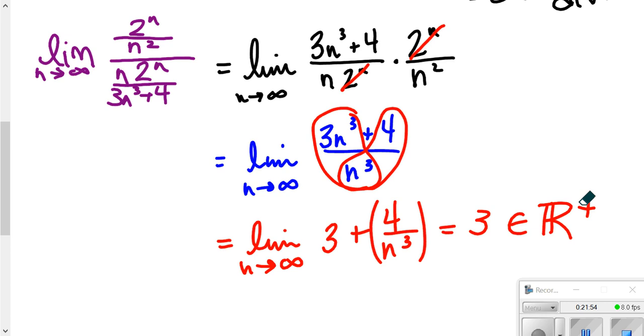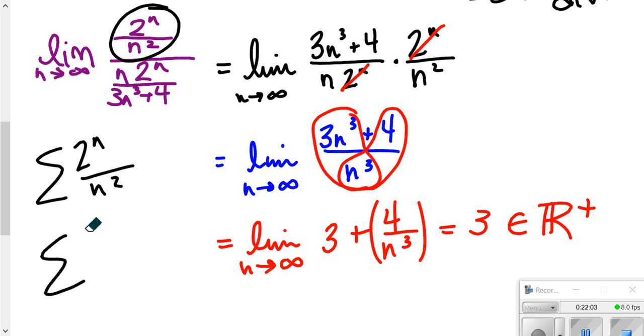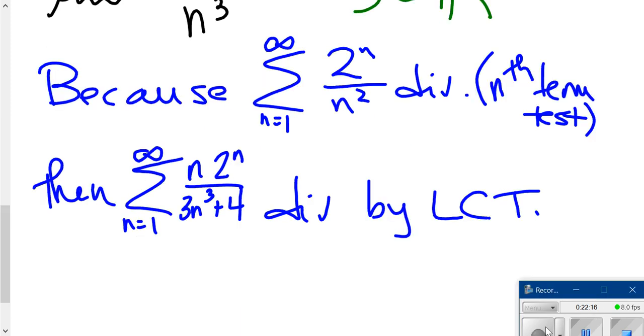So that means that these 2 series, the one that's on the top here, so this series and this series, the one that was in the question, must behave the same way. How did this one behave? It was divergent. So that means that this other one is also divergent.